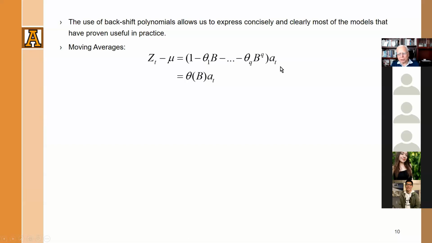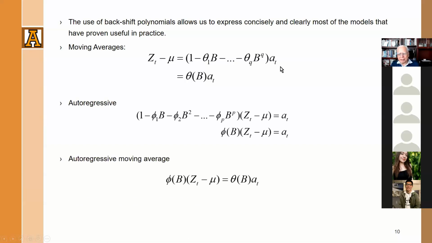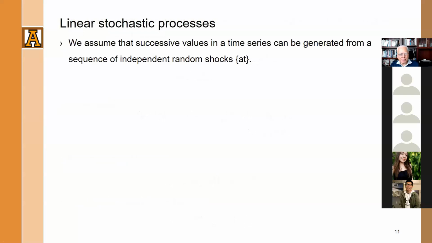These random variables are independent, identically distributed with constant variance. So we'll assume that all the successive values of a time series can be generated by a sequence of independent random shocks. Okay, that's essentially what the moving average model says.